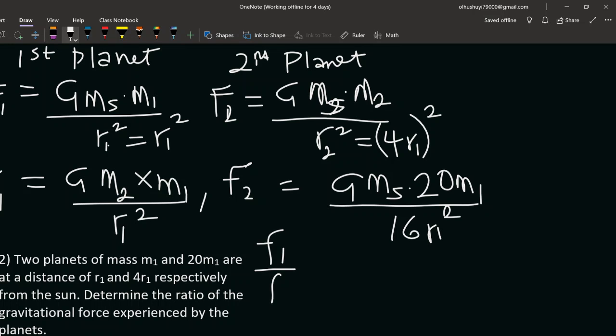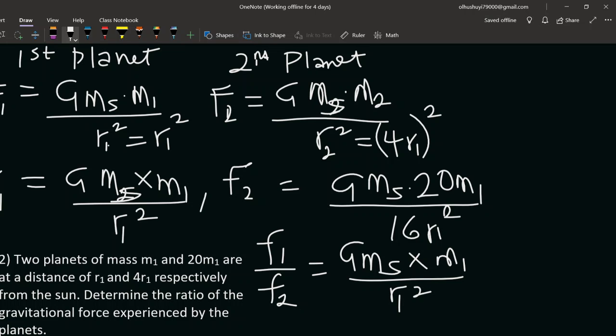So f1 over f2 will be equal to G times the mass of the sun times m1 over r1 squared, divided by f2, and that will turn to multiplication, so we have 16 r1 squared upon G times mass of the sun times 20 m1.